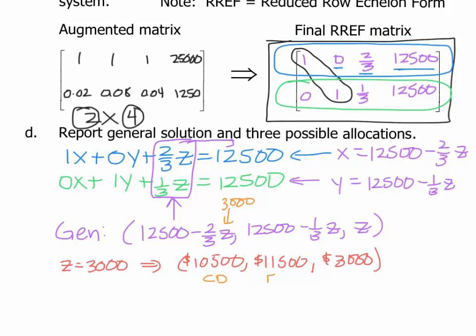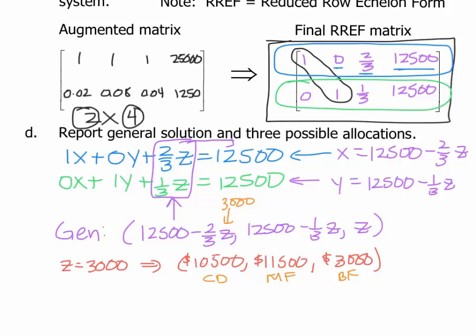The amount in our mutual fund would be 11,500, and the amount in our bond fund would be 3,000. So I'm going to find another possible one using z equals 9,000, and I challenge you to find a third solution using whatever value you want for z.